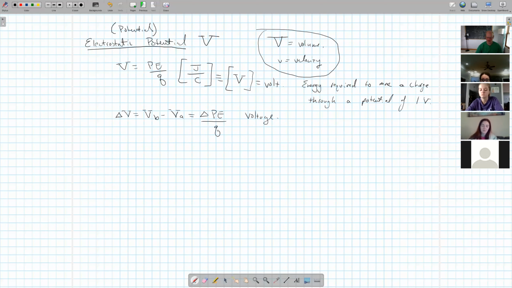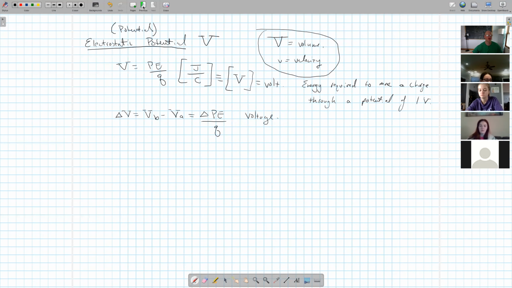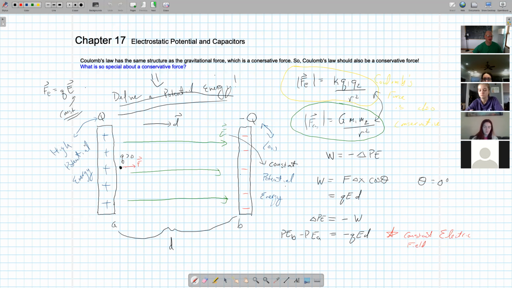Okay. So going back to our previous picture, what this means is that here, this is a region of high potential energy, which means it's also a region of high potential. And then this is a region of low potential. So again, my object goes from high potential to low potential, or high potential energy to low potential energy.